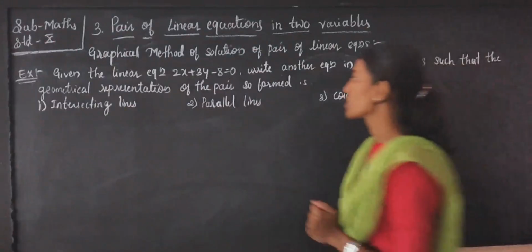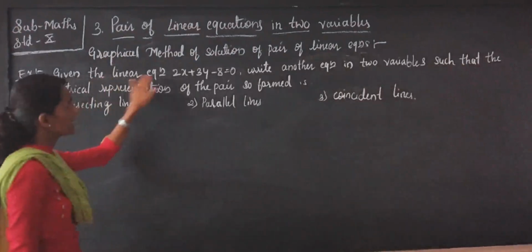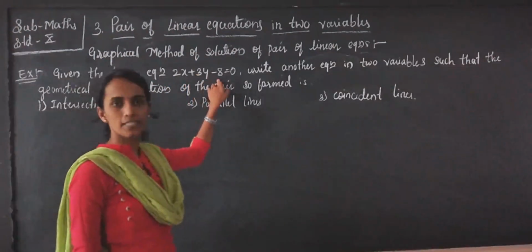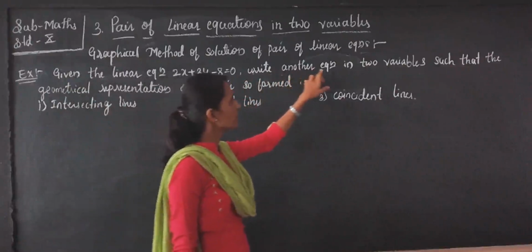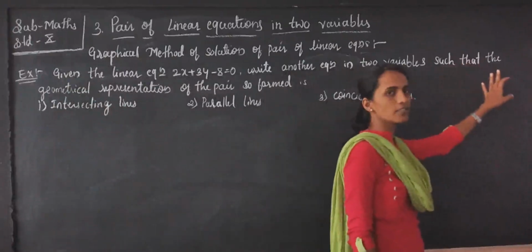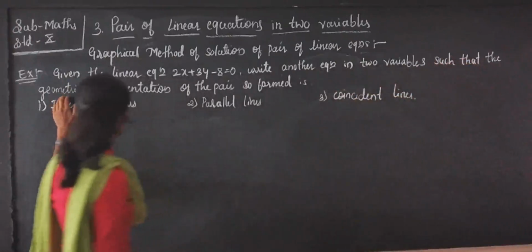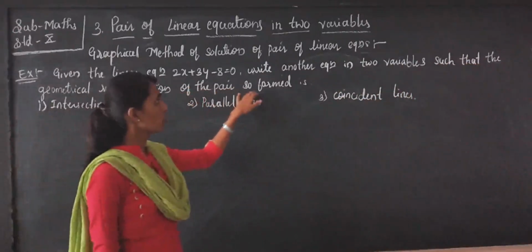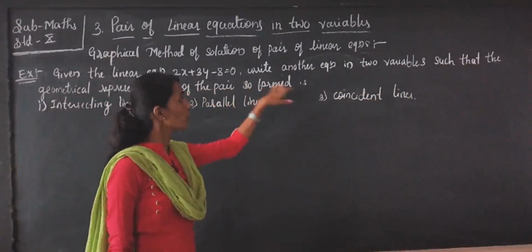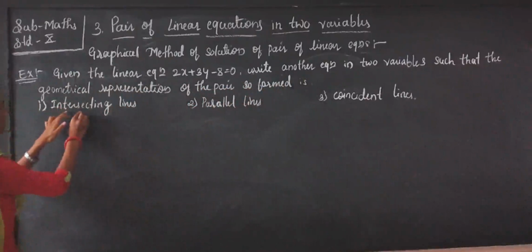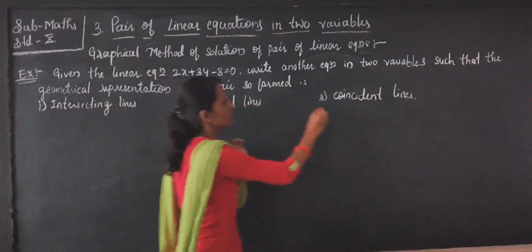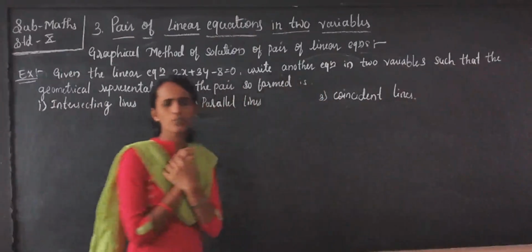Next one is, given the linear equation 2x plus 3y minus 8 is equal to 0, write another equation in the two variables such that the geometrical representation of the pair so formed is, first one is the intersecting lines, second parallel lines, and third one is the coincident lines.